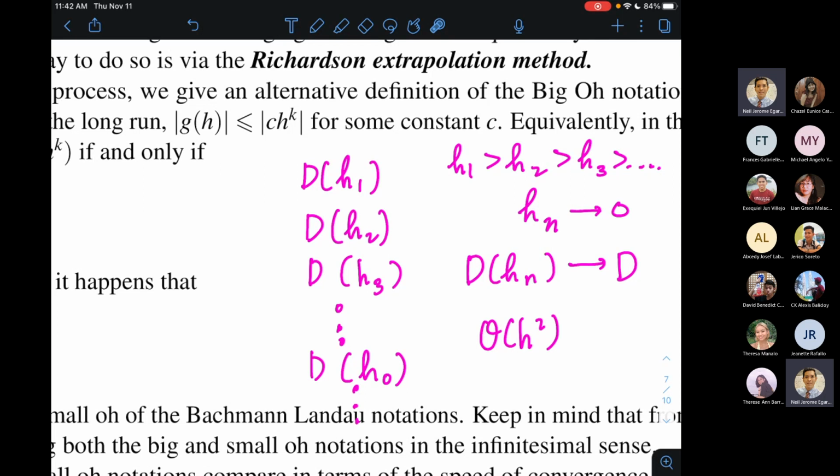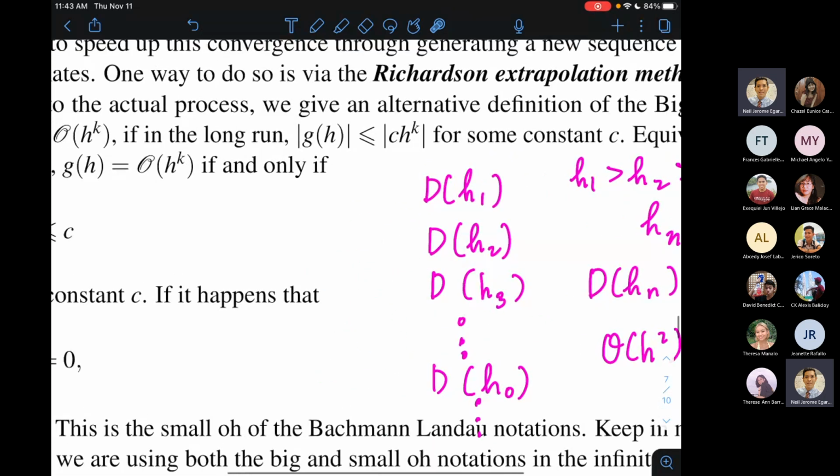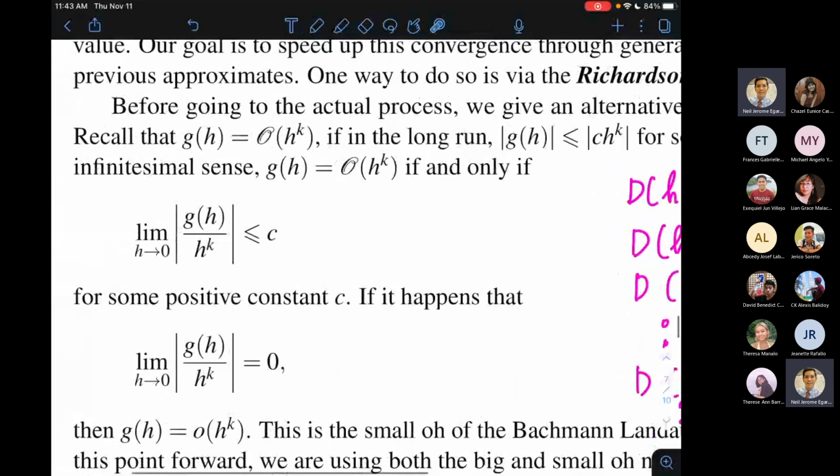Before we go there, let's have a quick recap of the big O notations, or the Bachmann-Landau notations. We say g of h is big O of h to the k if, in the long run, a multiple of h to the k is an asymptote, an upper bound of g of h.